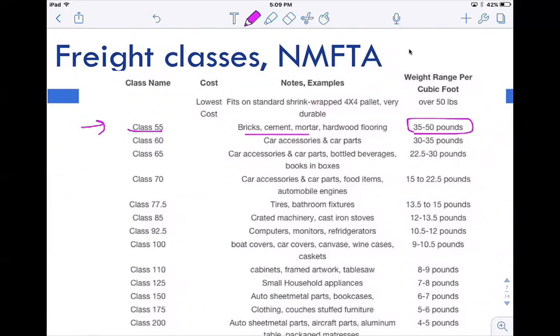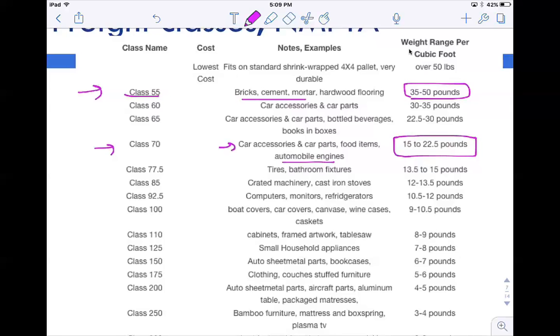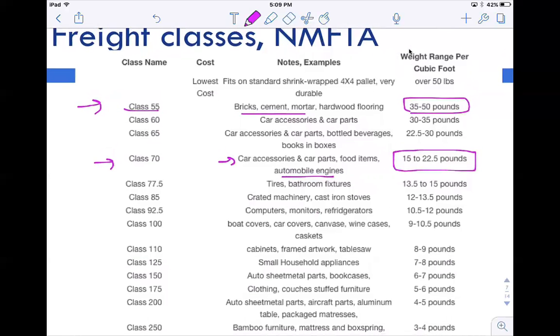For example, class 70 covers car accessories, car parts, food items, and automobile engines, and their weight range per cubic foot is anywhere between 15 and 22.5 pounds.